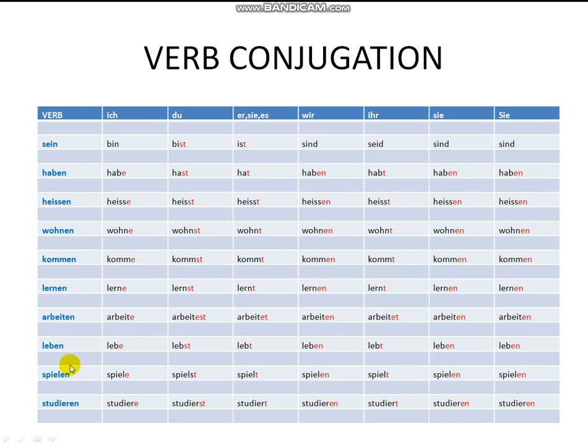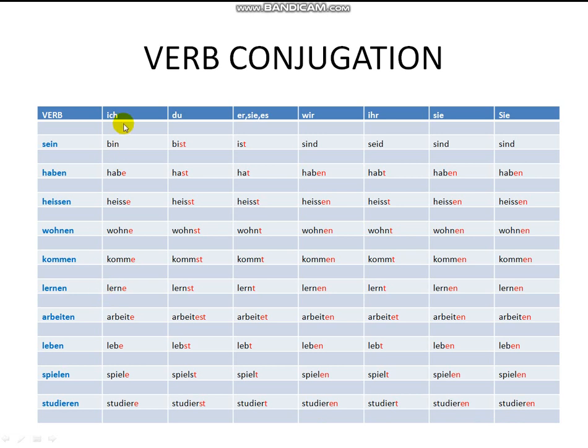To conjugate spielen, ich spiele, du spielst, sie, es spielt, wir spielen, ihr spielt, sie spielen, Sie spielen. To conjugate the last verb, studieren, ich studiere, du studierst, sie, es studiert, wir studieren, ihr studiert, sie studieren, Sie studieren.